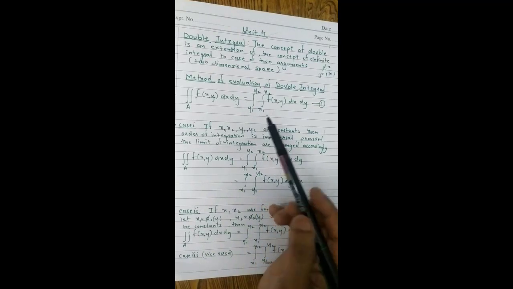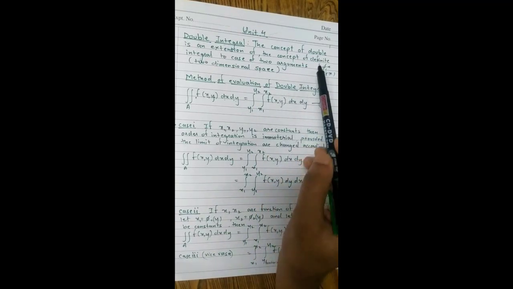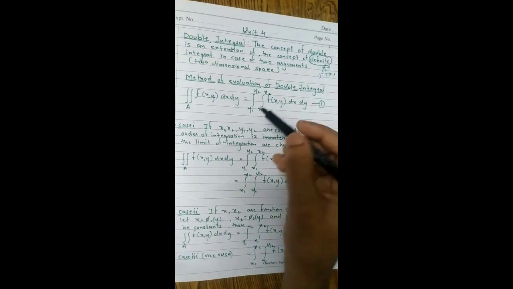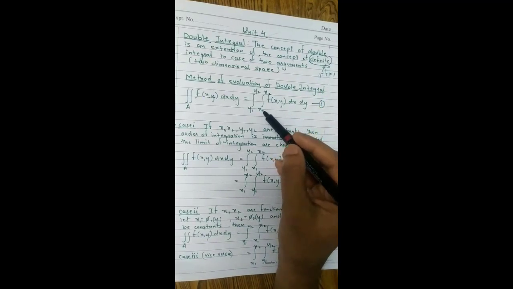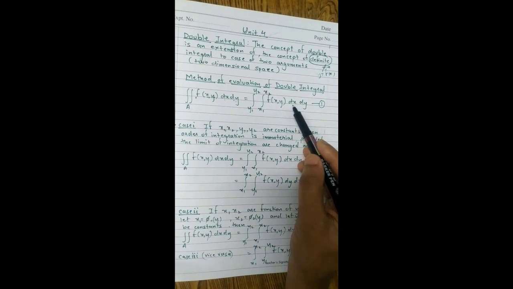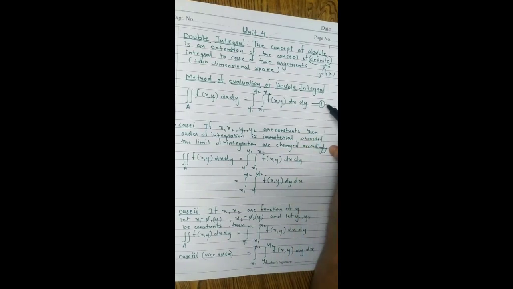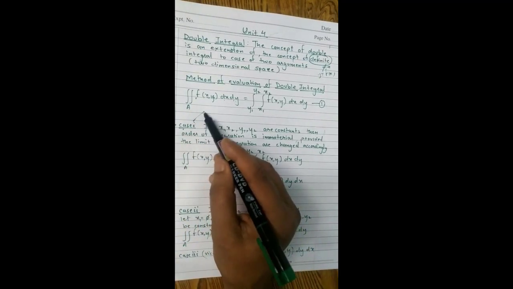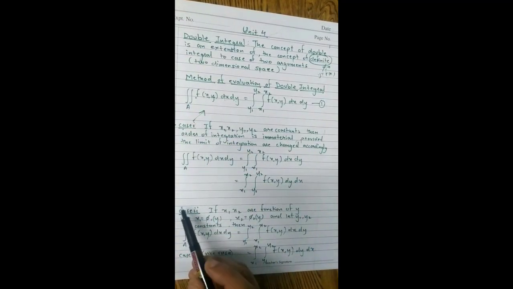Since it is a definite integral, it has limits x1, x2 and y1, y2. So f is a function of two arguments with respect to dx dy. Let me consider this as equation 1. Let us see the cases with respect to equation 1.